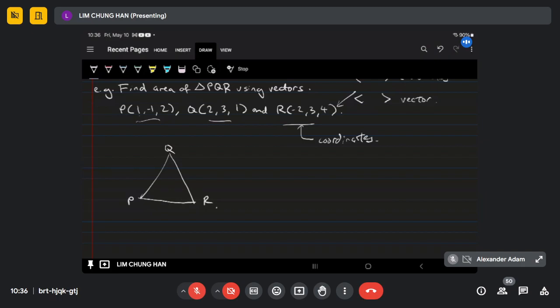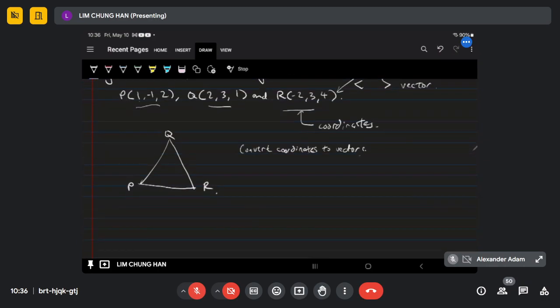So, well, it's not really convert lah, but I'm going to say convert. So convert the coordinates to vectors. Yeah, so you need to find vector PQ, you need to find vector PR.